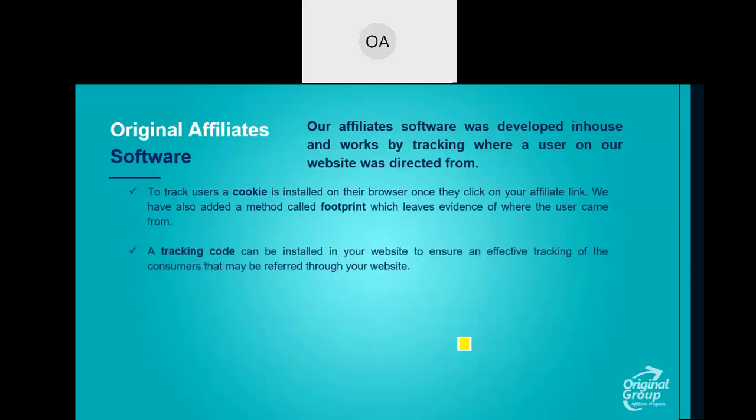I mentioned that we have a tracking code, which is a pixel that can be installed in your website, and this also allows us to improve the tracking of your users.